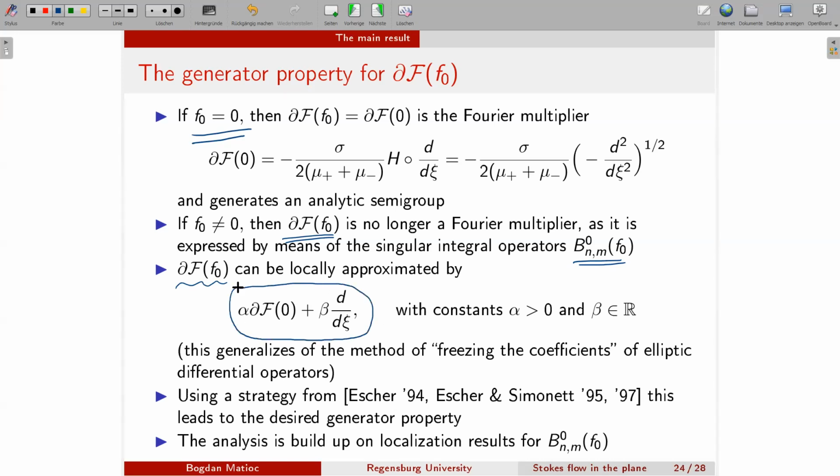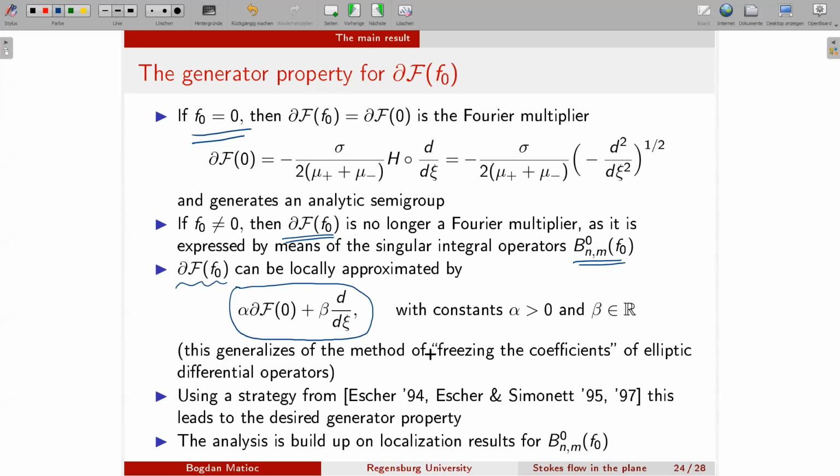Here we have an alpha, a positive constant, multiplied with this Fourier multiplier, and we have a constant beta multiplied with d over d psi. And this localization is a generalization of the method of freezing the coefficients of an elliptic operator, only that now we freeze the kernels of singular integral operators.